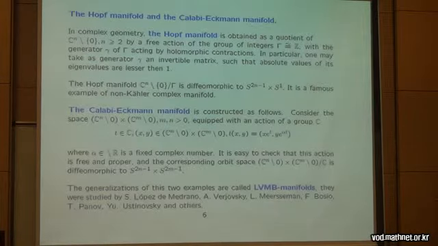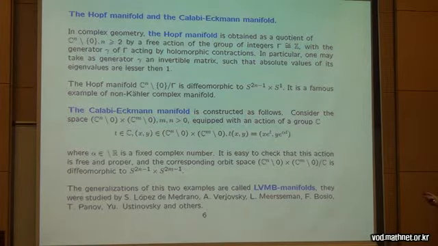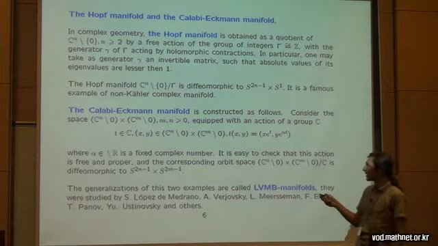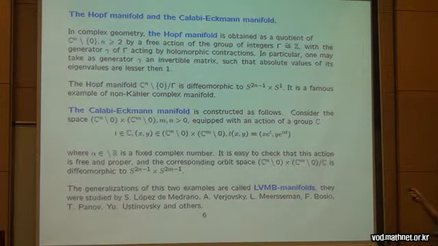Okay, and now I need to introduce the Hopf manifold and Calabi-Eckmann manifolds. It's just for the historical part of my talk, because I will not use it during the talk, but I will use a generalization of this. So the Hopf manifold is obtained as a quotient of C^n minus 0 by the action of the group Z, where Z acts by a contraction of C^n minus 0.